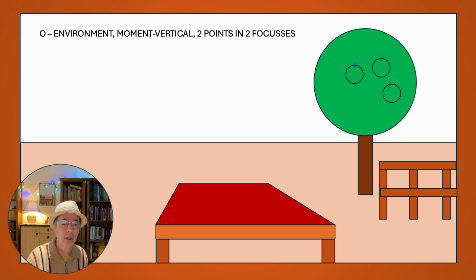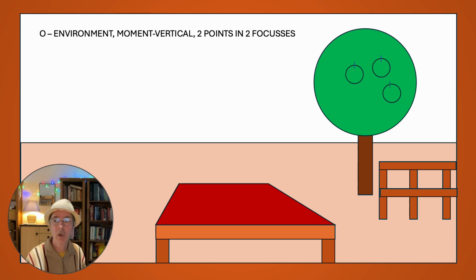Next one: O. Basically, what you have to remember is that it's about an environment. It's the moment I take out. I have as a guidance the vertical. I need 2 points, 2 focuses, because it is all within an environment where changes happen, where movement can happen, where there is a timing schedule added, so more things can happen there.